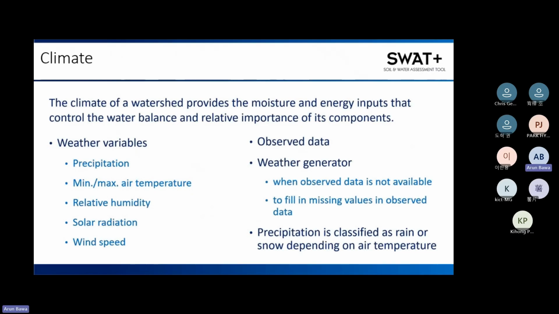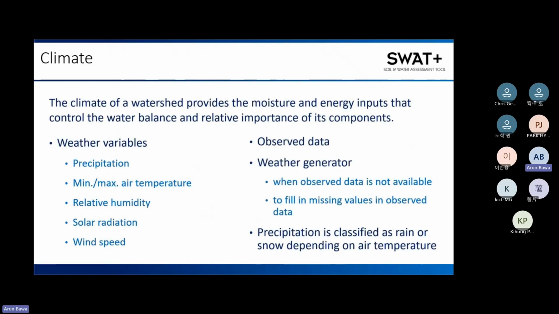You can visualize your inputs and outputs at monthly scale. It will aggregate all the responses and give you the output you need, but it has to run at the daily scale. Precipitation and temperature are required. You can skip relative humidity, solar radiation, and wind speed, but you have to provide precipitation and temperature because these are the main drivers that control the entire watershed ecosystem. Okay.